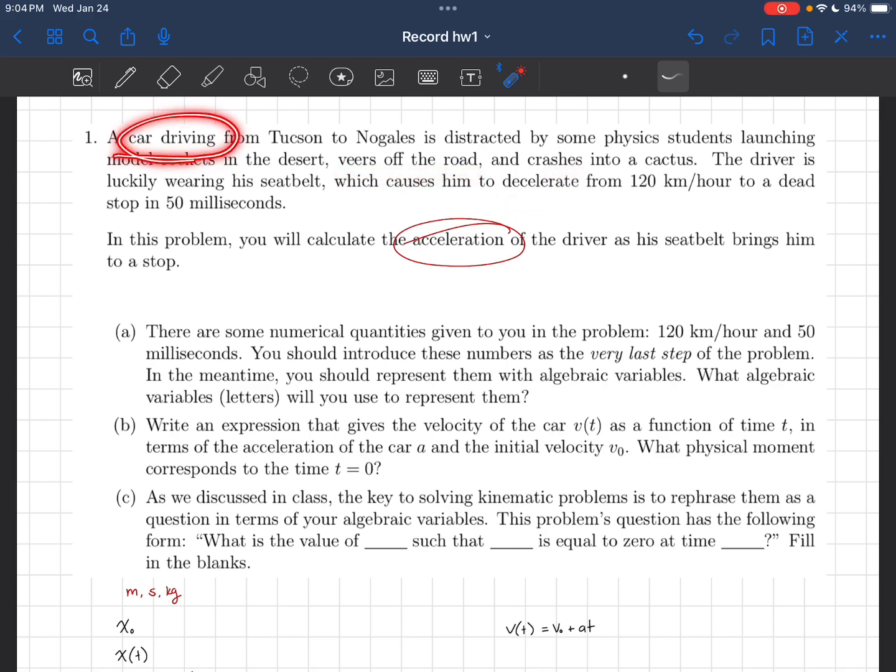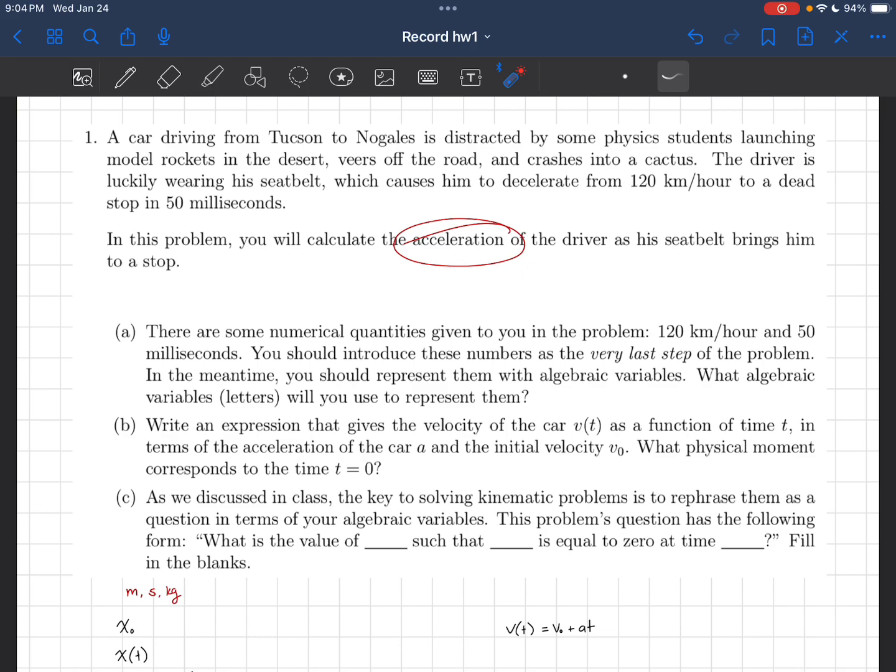So while I'm driving, my acceleration is 0, because I can assume I'm just driving at a constant velocity for a little bit. Then it veers off the road, weird things happen. But the second it hits the cactus and starts slowing down, we're assuming that it's a constant acceleration because we're calculating that constant acceleration.